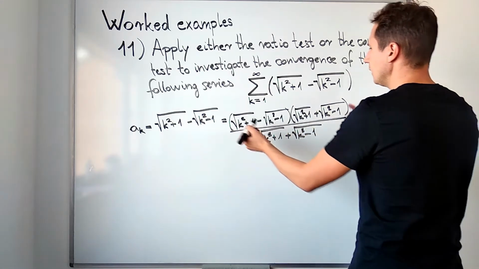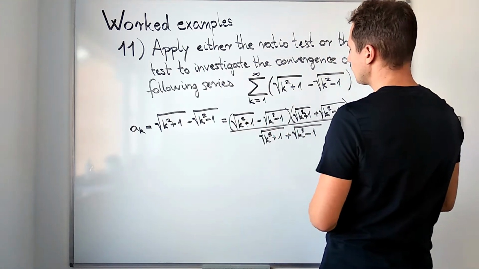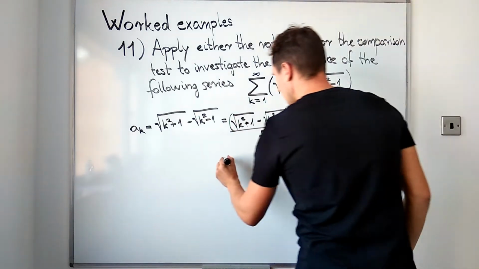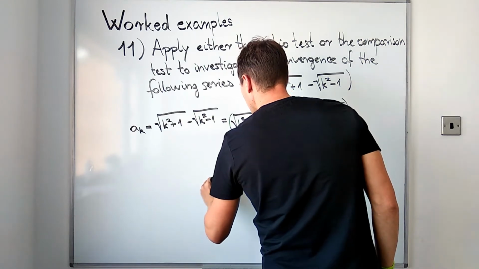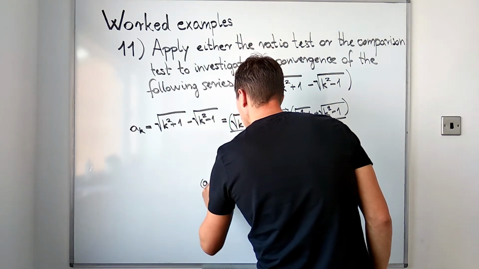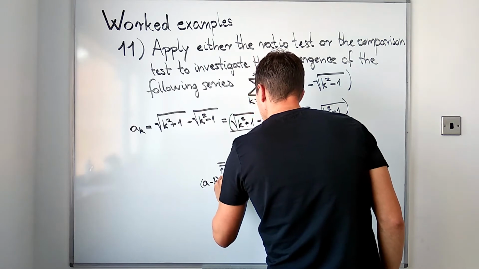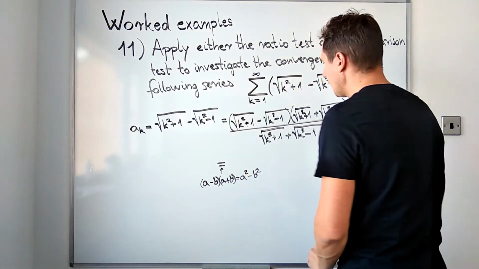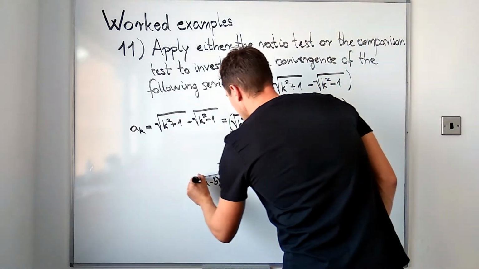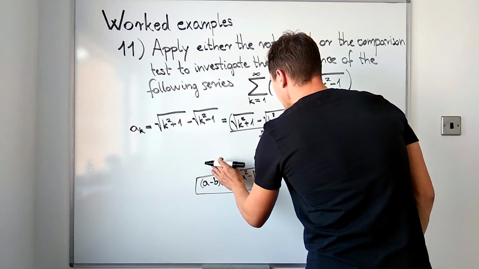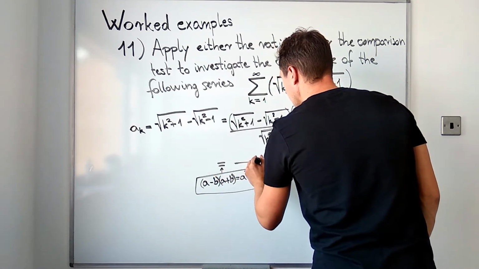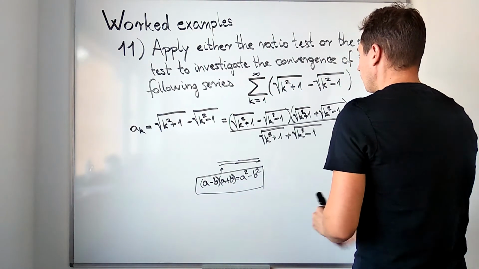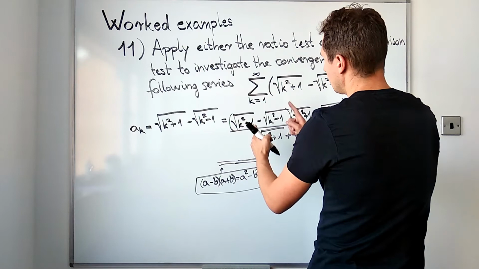Well, let's look at the numerator. What we have there is an expression of the form a minus b times a plus b. Remember, here we use the classic identity, that a minus b times a plus b is a squared minus b squared.